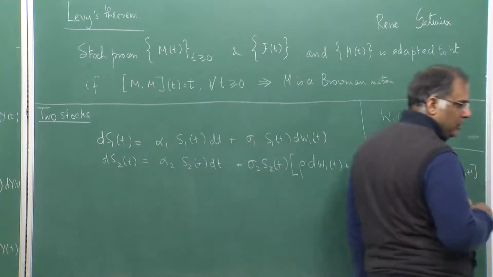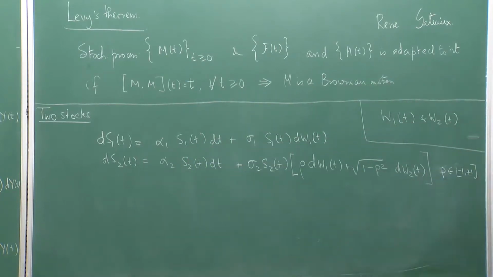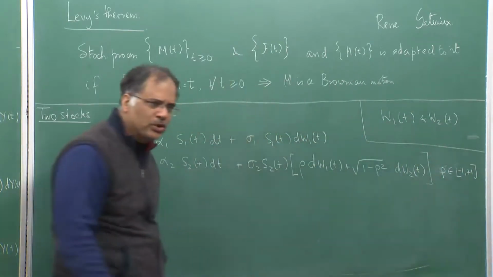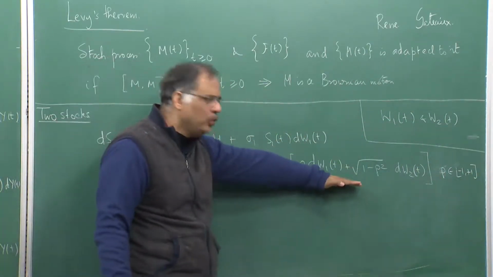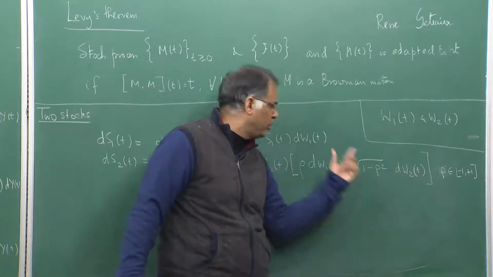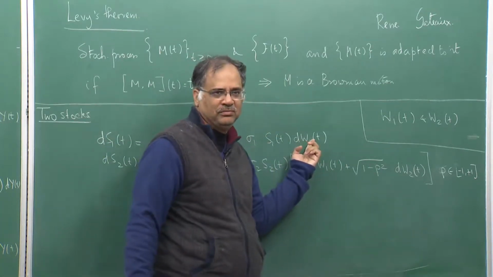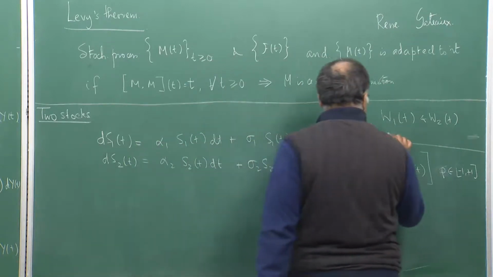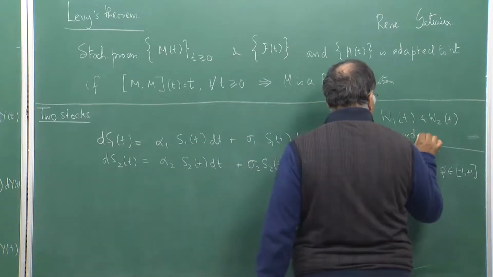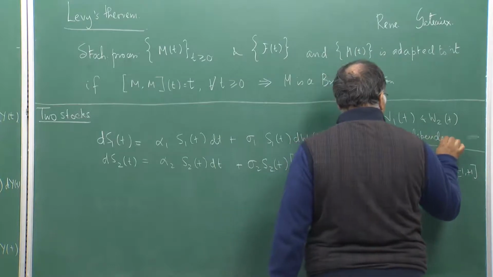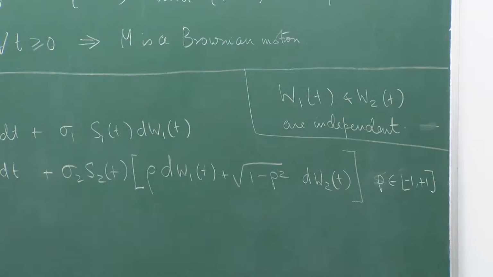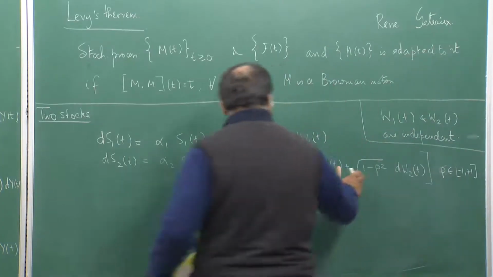So, if I write this as some other Brownian motion, then this whole new Brownian motion may not be independent from this, but just W1t and W2t are independent. Then if that is the case, let us put W3t as this.